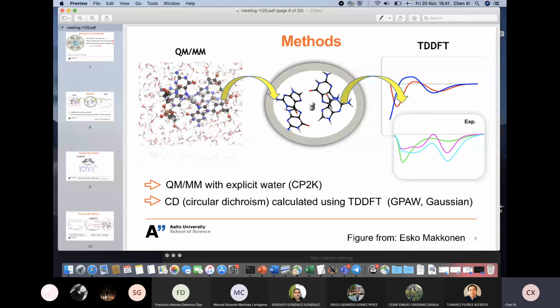For this molecular dynamics, we use some default basis sets in CP2K, but for the moment I don't remember the name of the basis set. And for water, we use the Amber force field.